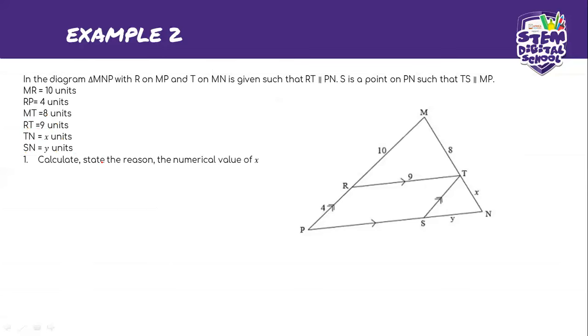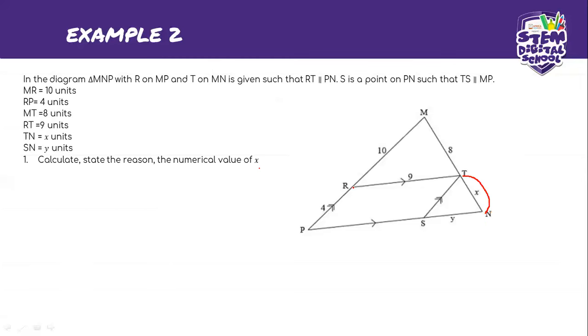Now let's see what to calculate. The first question says, calculate and state the reason, the numerical value of X. Which X? This side. We are looking for this side here, right? Now, first we have to identify a triangle that has a line parallel to one side of a triangle.